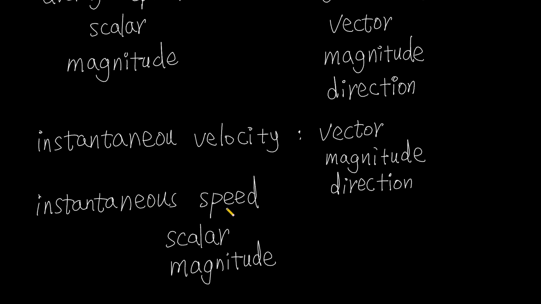So the instantaneous speed and the instantaneous velocity are more closely related than average speed and average velocity. And the instantaneous speed equals the absolute value of the instantaneous velocity.